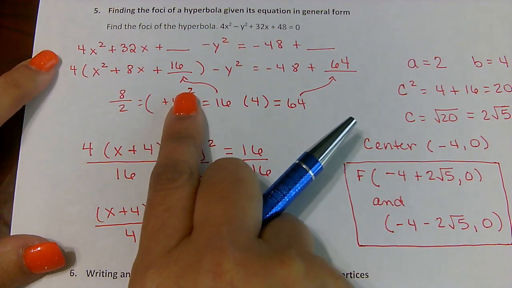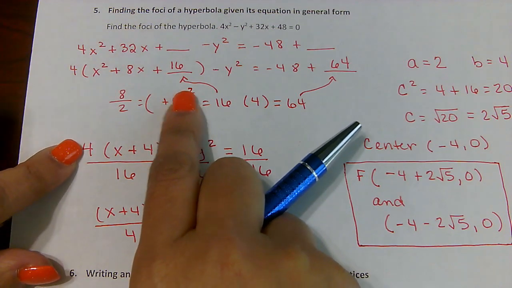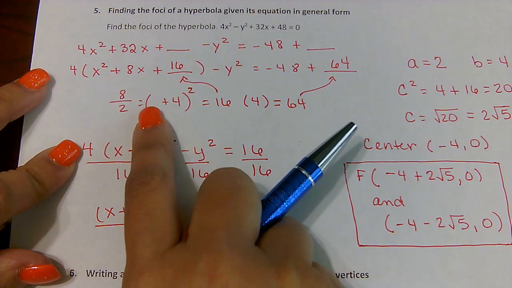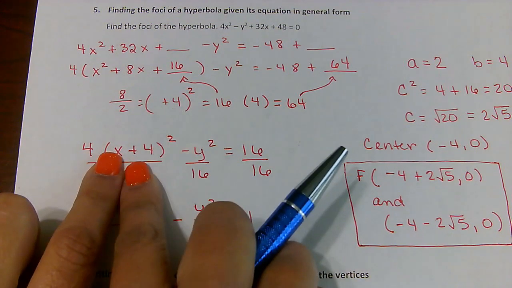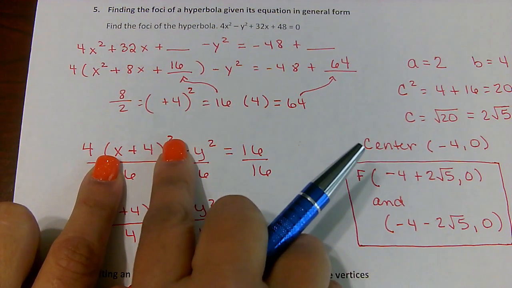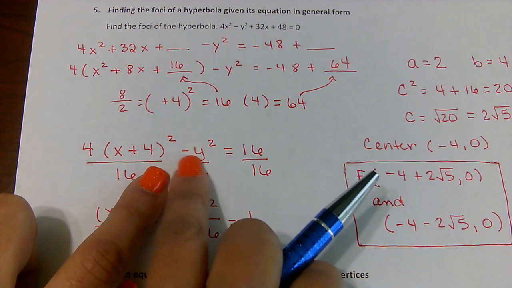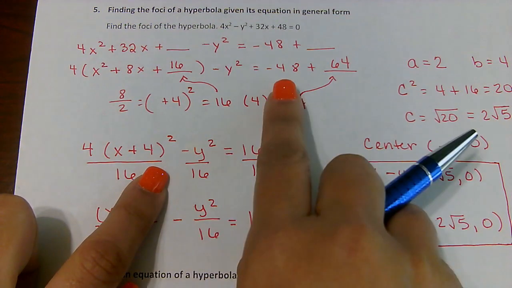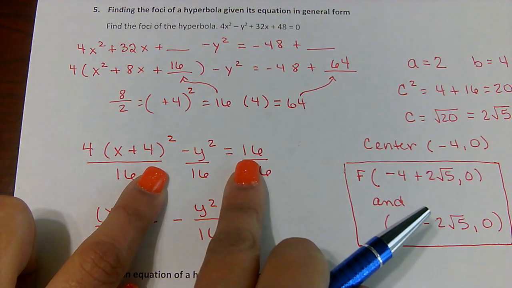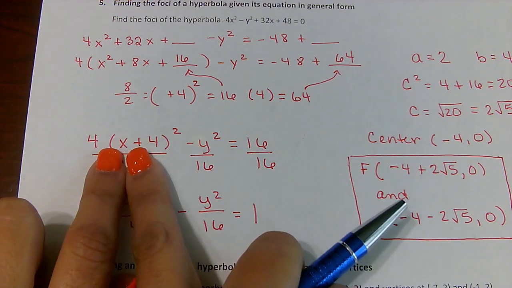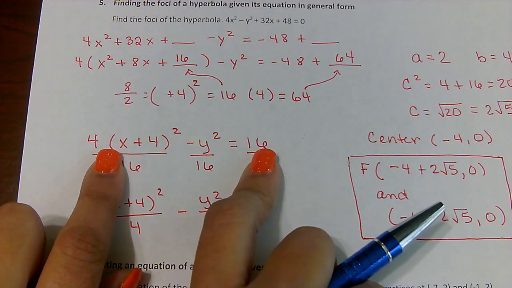To go ahead and factor this, I dropped the 4 down, and I used the variable x and placed it right in front of the plus 4. So I get x plus 4, and I square that. Minus y squared is equal to, and then add these two terms. You should have gotten a 16. This is still not in the correct form.